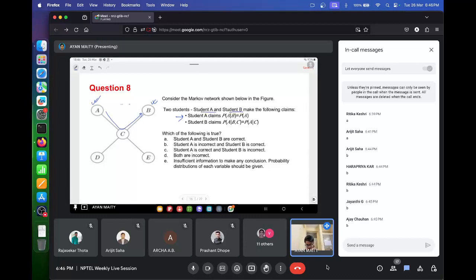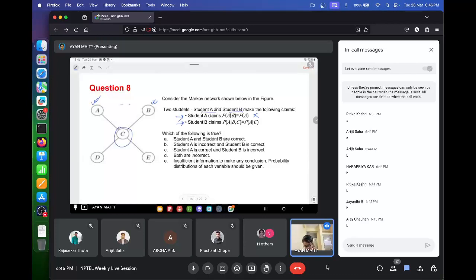So there is a path from A to B, and A and B are not independent of each other. So this first claim is wrong. The second claim is probability of A given B comma C equals probability of A given C. That is, A and B are independent of each other given C.